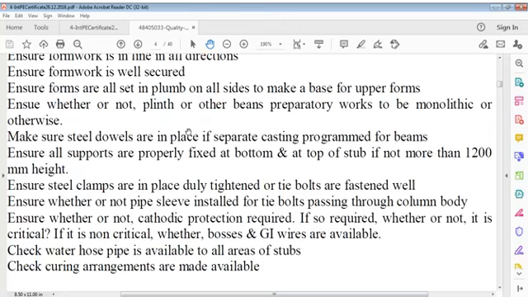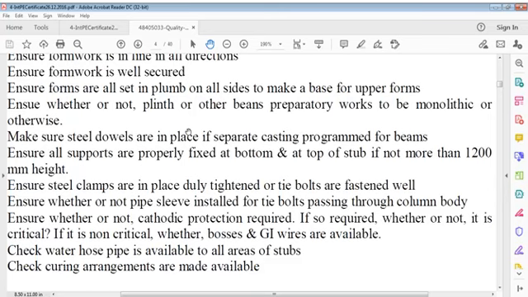Now make sure steel dowels are in place if separate casting is programmed for beams. Also ensure all supports are properly fixed at bottom and at top of stub, if not more than 1200 mm high.